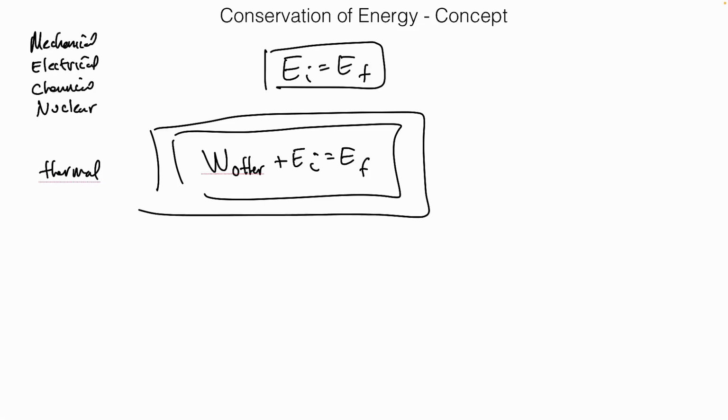We don't want to talk about chemistry. So we're going to call that work other. There was some amount of energy that came from the gasoline magic that we're not going to worry about, because we want to concentrate on how that car got kinetic energy.